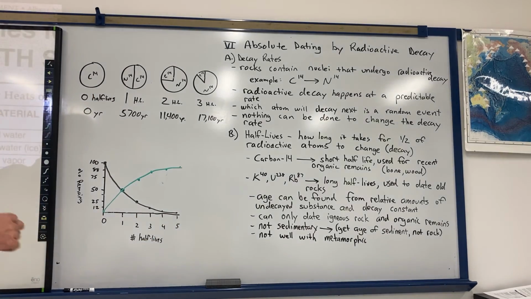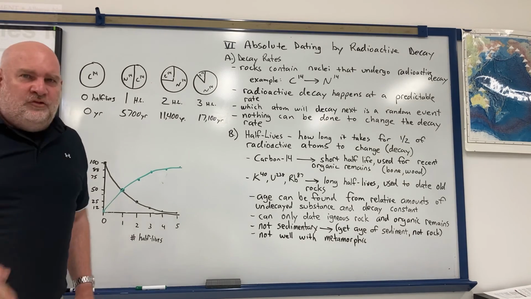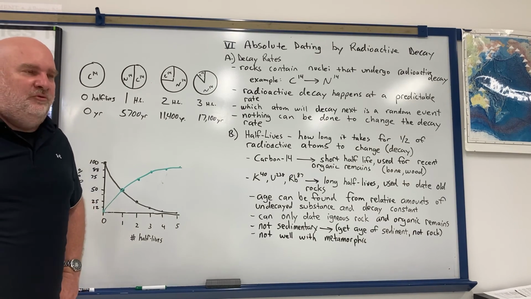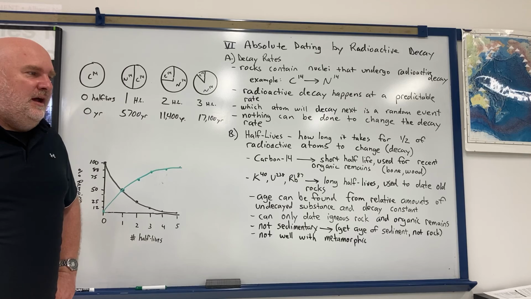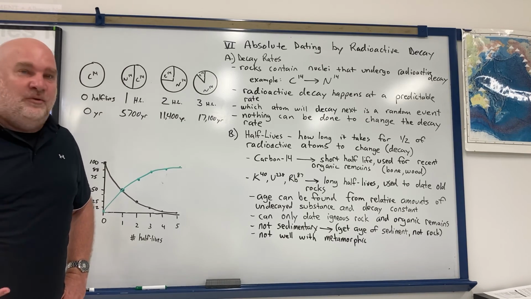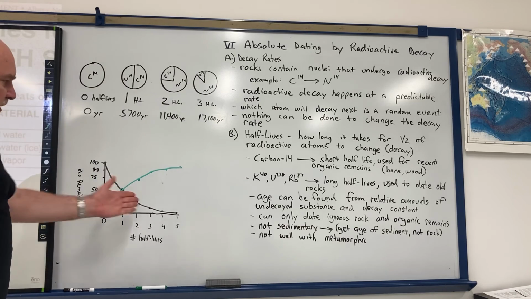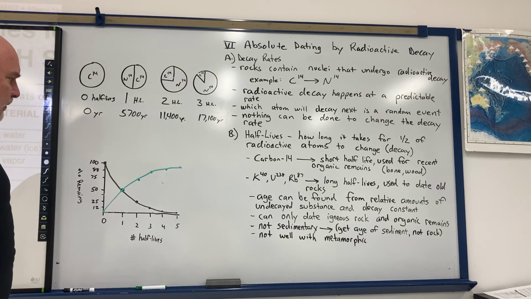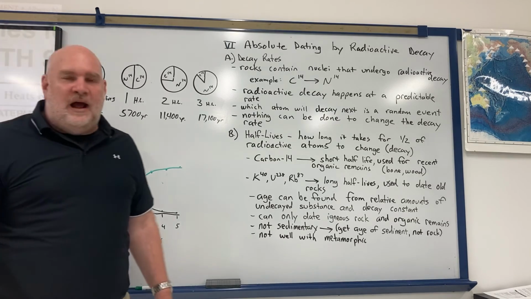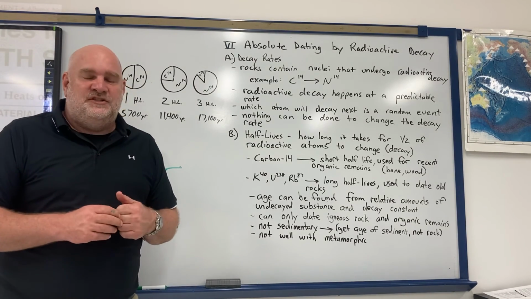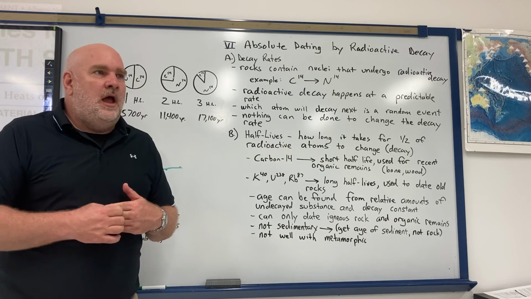Again, I've used carbon-14 as most of my examples, but if I plotted uranium-238 and lead-206, it would look like that too. So that's just another way to show the radioactive dating data. That's how you figure out the absolute ages of things by radioactive dating.